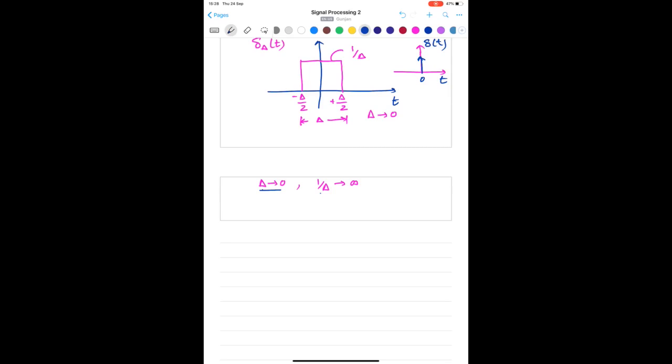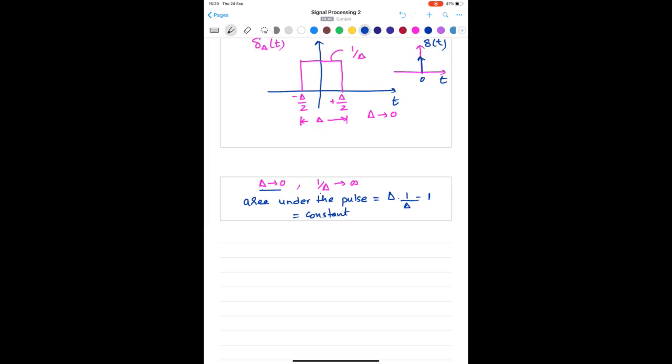Now if I need to find the area under the pulse, it is equal to length into breadth, or height into width, whatever you want to use, equal to 1, which is a constant.